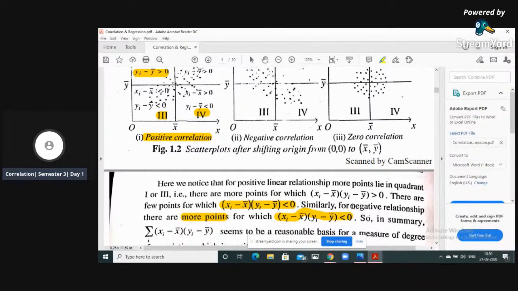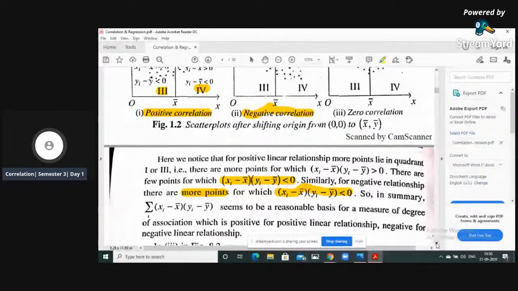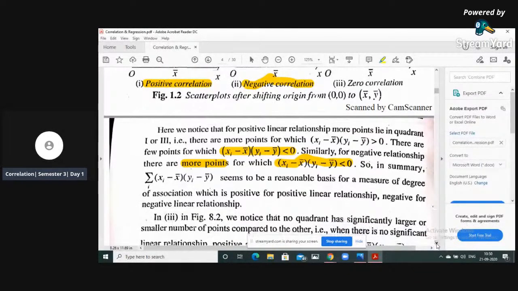So this is in case of a negative correlation. So in summary, xi minus x bar into yi minus y bar seems to be a reasonable basis for a measure of degree of association, which is positive for positive linear relationship and negative for negative linear relationship.